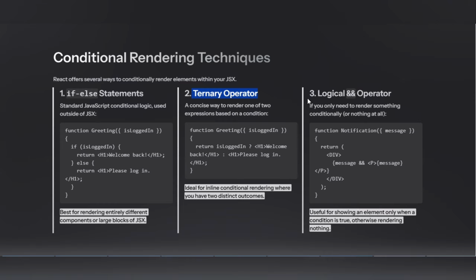Best for simple UI changes like login/logout logic. Third is the logical AND operator. The logical AND operator renders something only if a condition is true. If the condition is false, nothing is rendered. Best for optional UI elements, notifications, or messages.